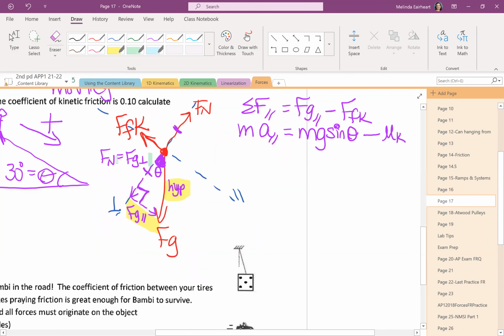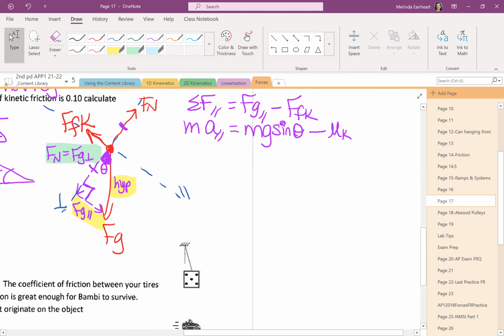So now look at FG perpendicular. To solve for FG perpendicular, cosine. So I am doing two steps in one. So listen to my words. Force of friction is mu Fn. But to save a little bit of writing, Fn on a ramp is mg cosine theta. So I'm going to go straight for that.